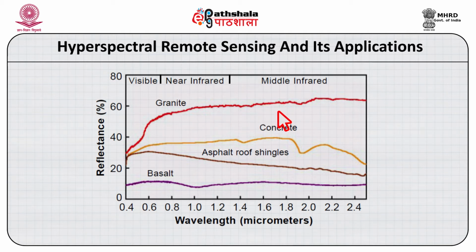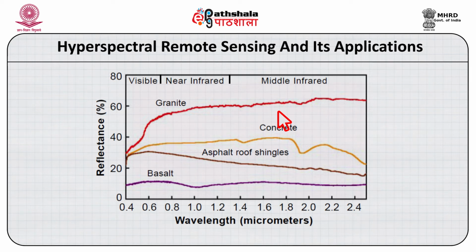Therefore we can assess the surface material used in urban areas by using hyperspectral data, which in turn can help assess the urban environment, the temperature, and the urban climatic condition. That is another very important application of hyperspectral data.